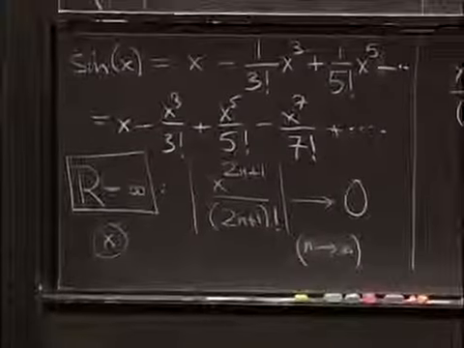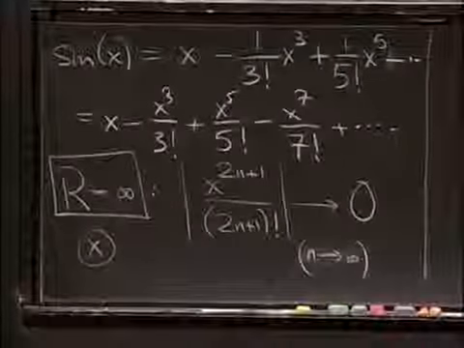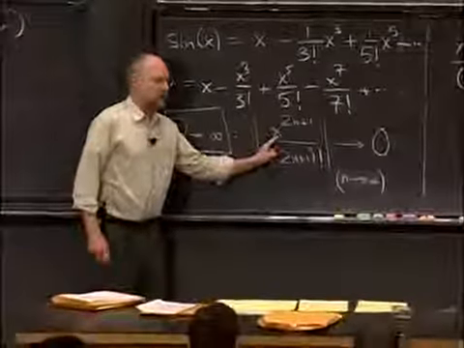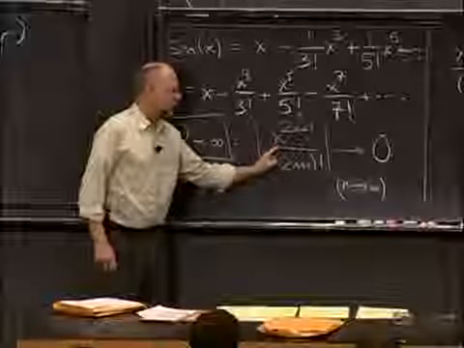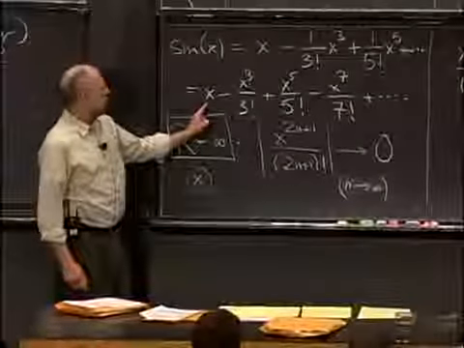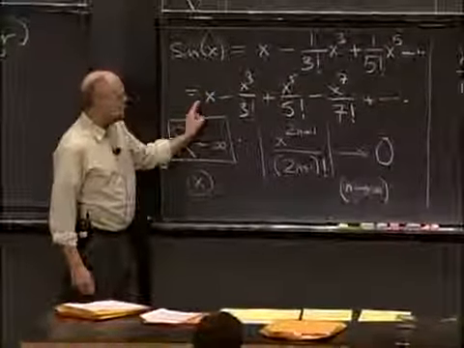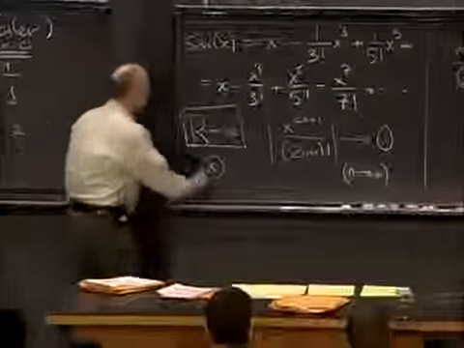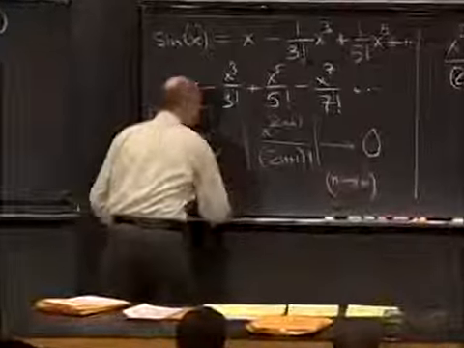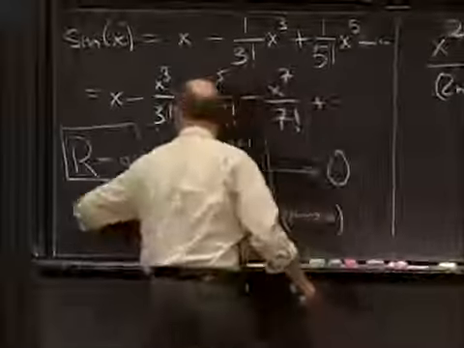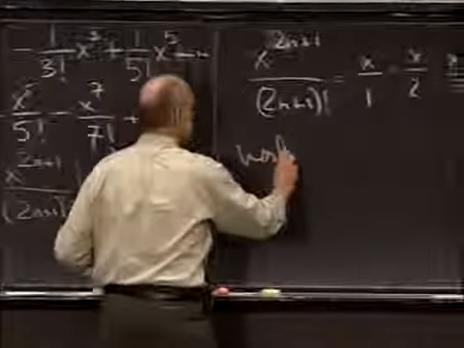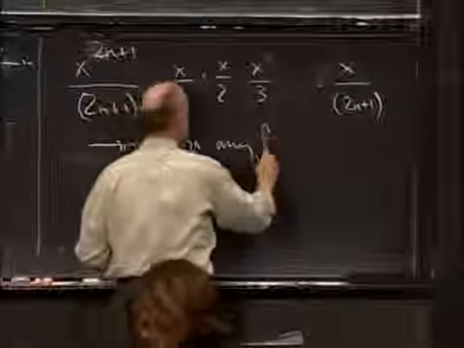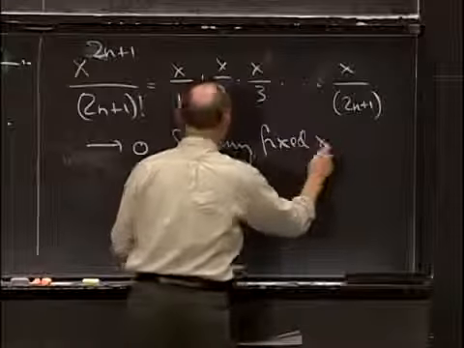They'll get smaller and smaller eventually, even as x gets to be bigger. That's the sign that x is inside of the radius of convergence. This is the sign for you that this series converges for that value of x. And because I could do this for any x, this works. This converges to 0 for any fixed x.